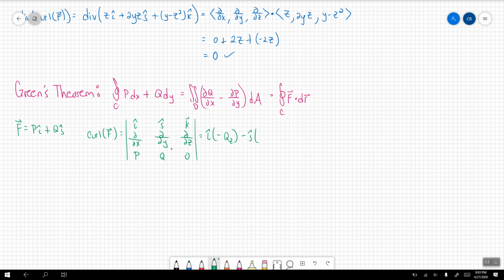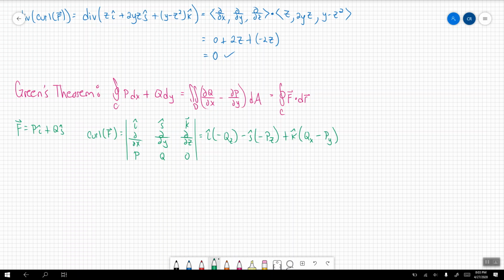So the minus j component, again, that's going to be 0, and that's going to be minus the partial of p with respect to z. So it's going to be p with respect to z, and then we're going to get plus the k coordinate here. This is going to be the partial of q with respect to x minus the partial of p with respect to y.